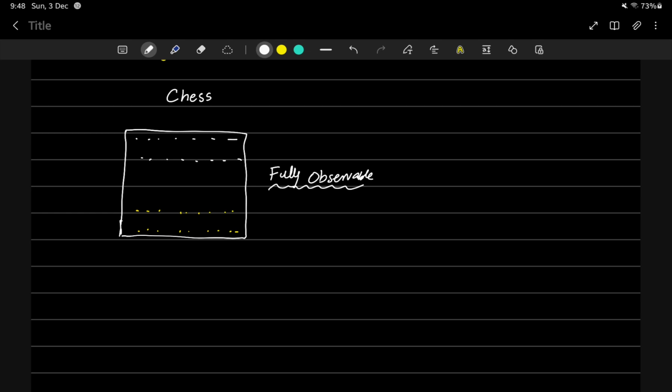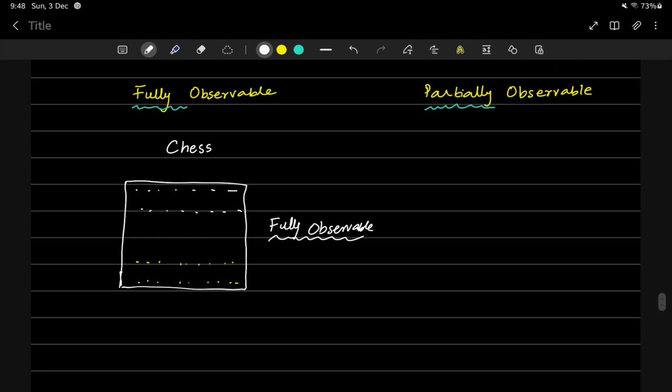By the way, in this example, this chessboard is the world, right? So it can observe every single thing about it. Where are the pieces? Where are the enemy's pieces? Where are my pieces? Everything, right? Now you will better understand fully observable when I give you an example of partially observable.